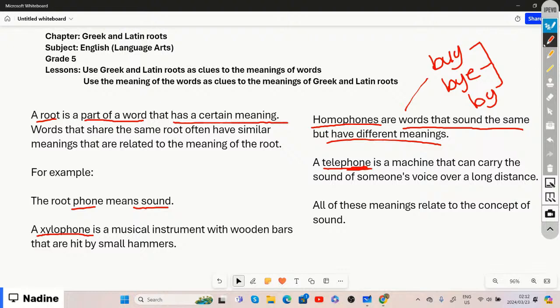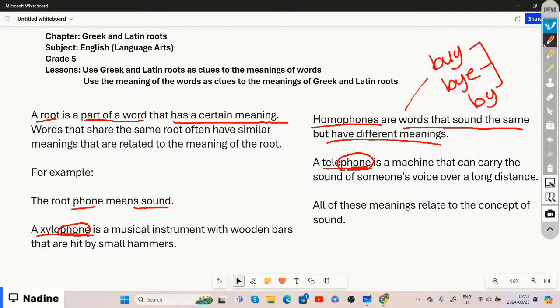If you look at all three of these words, xylophone, homophones, and telephone, all three have the root word phone in them. They use the same root, which is phone.